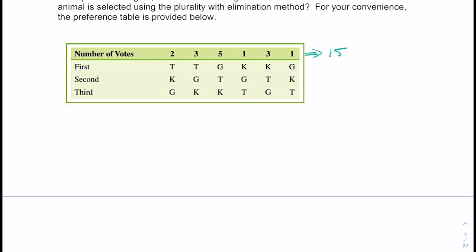So in order to have a majority, it would have to be 8 or more. Or think of it as greater than 7, because 7.5 is 50% of 15, but we can't have 7.5 voters. So a majority would be 8 or more. You could also just say more than 7.